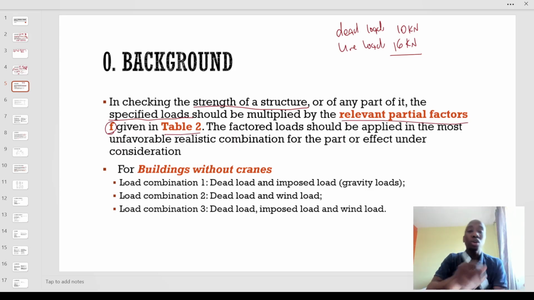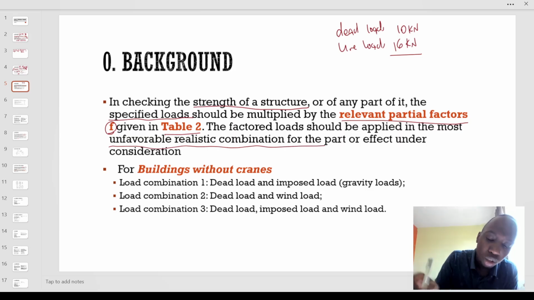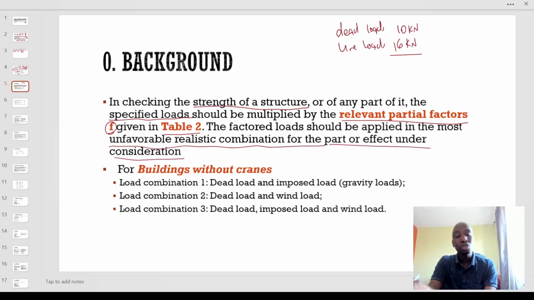This is table 2 according to British standard. I already sent you the British standard 5950. This factored load should be applied in the most unfavorable realistic combination for the part or effect under consideration. So we don't consider the best case scenario when we are designing. We consider the worst case scenario. What is the worst case scenario that this thing can happen?